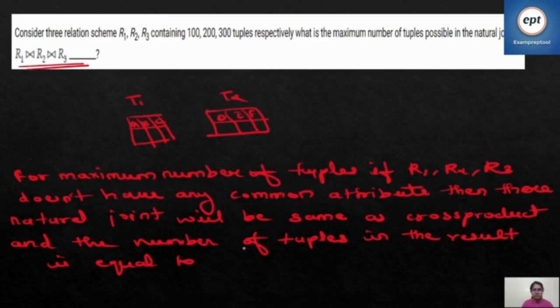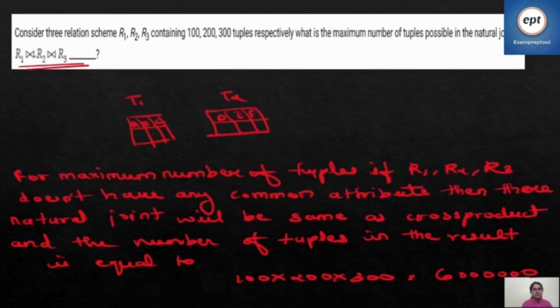The tuples are given as 100 into 200 into 300. So we will do cross product, this will be the multiplication, and the answer will be 6 million. So this will be the calculated answer.